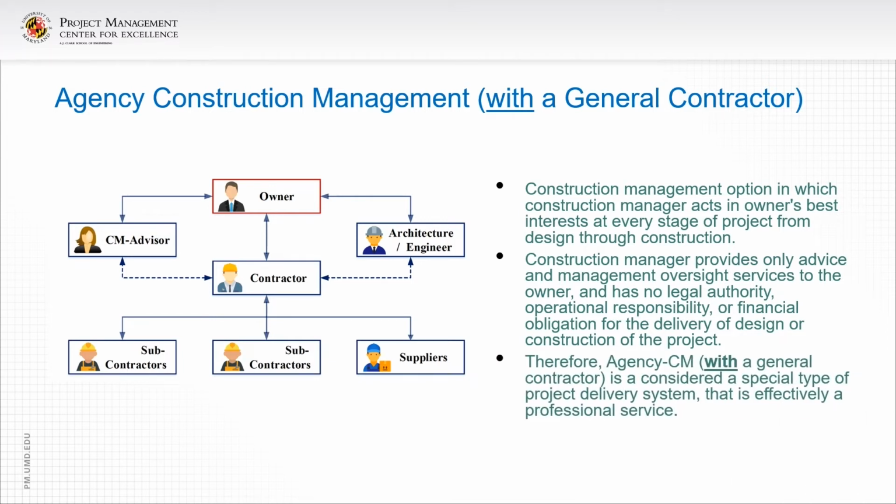And finally, agency CM with a general contractor is considered a special type of project delivery system that is also effectively a professional service. This method works very well in many locations around the country and is utilized by many owners, especially in the development arena.